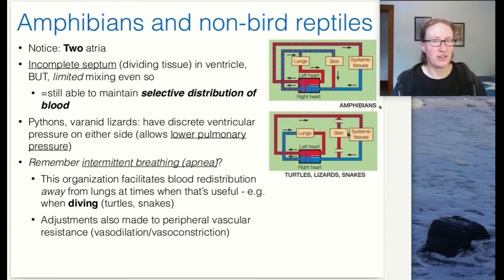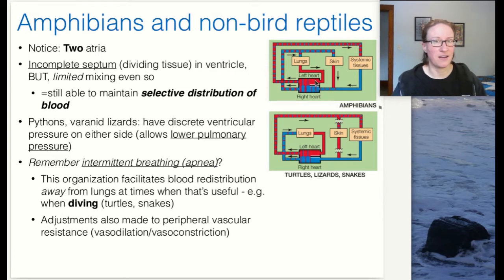And then the other image pictured here is circulatory architecture for non-bird reptiles, so turtles, lizards, and snakes. As we start to study these diagrams, the first thing I want you to notice is that both of these groups of animals now have separate atria, right?